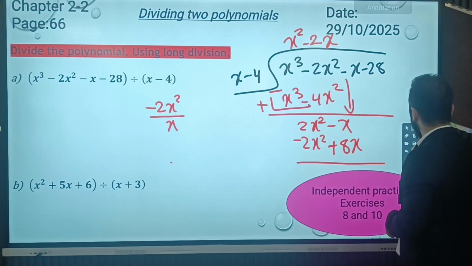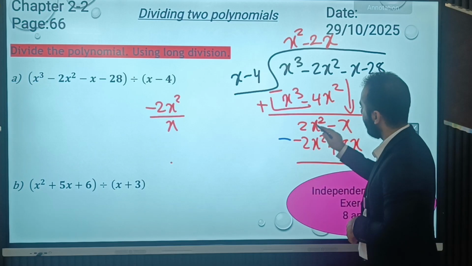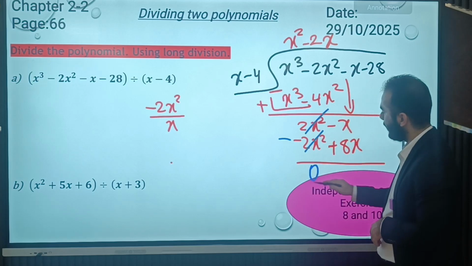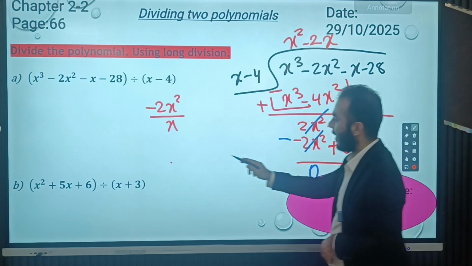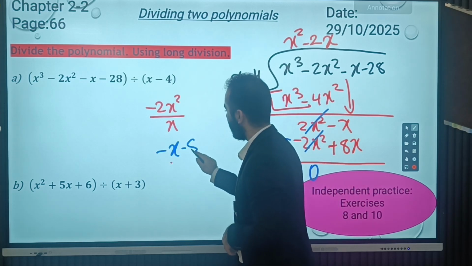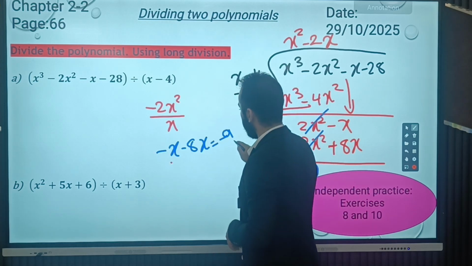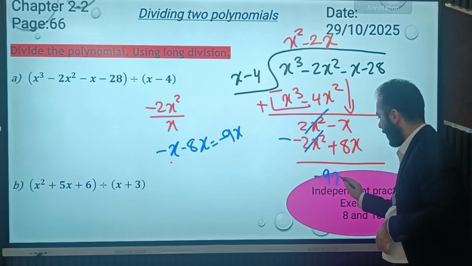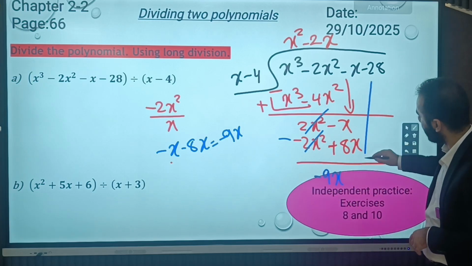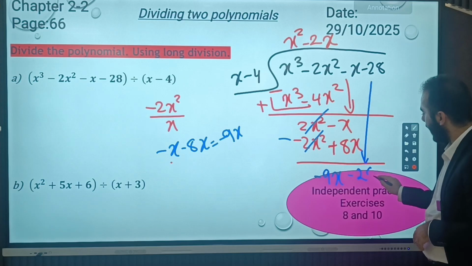Okay. So right now subtract them. These two cancel each other, it's going to become 0. Then negative x minus 8x, it's going to give us negative 9x. Bring down the last term, which is negative 28.